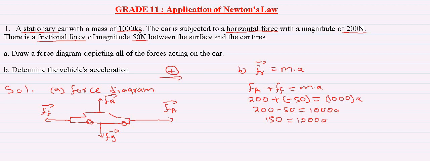Since we are looking for a, we divide both sides by 1000. 150 divided by 1000 gives 0.15, which equals a. The units for acceleration are meters per second squared, so it is 0.15 meters per second squared. What is the direction? To the right, because right is positive and our value of a is also positive.